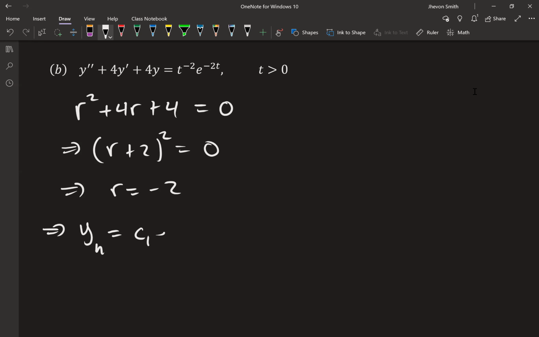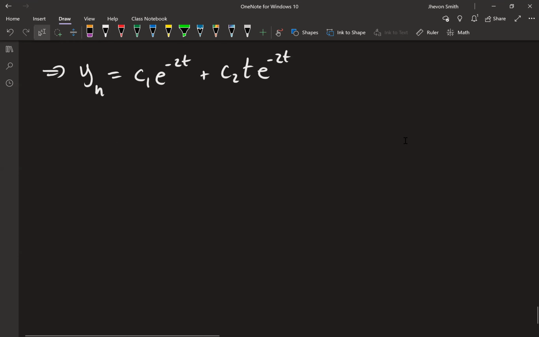Right, C1 e to the -2t, and we are doing t's here, so plus C2 t e to the -2t. And we know that we multiply by that t by reduction of order principles. So that's our y, that's our solution.